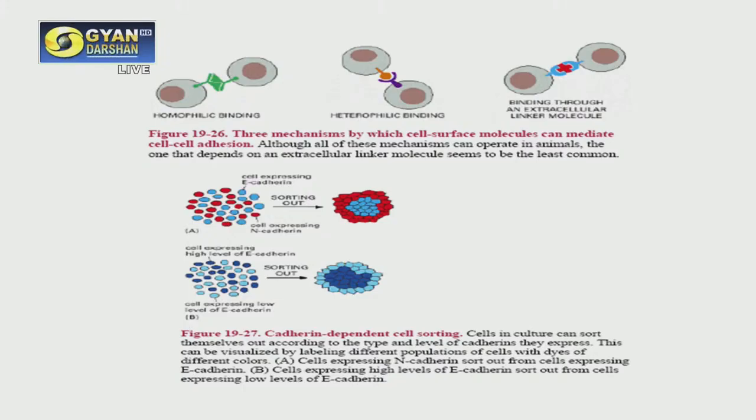So the red colored cells have one type of cadherin, and the blue colored cells have a different kind of cadherin. The blue colored cells will assemble together and the red colored cells will assemble together after they get sorted out, and then they give rise to appropriate tissues. So the cadherins not only act as a structural component, but also play a signaling role, or a functional role.